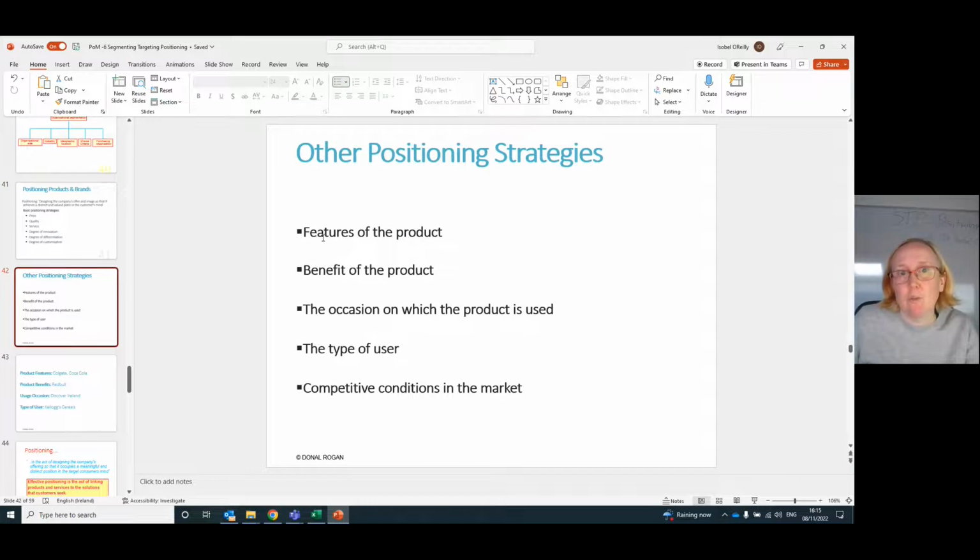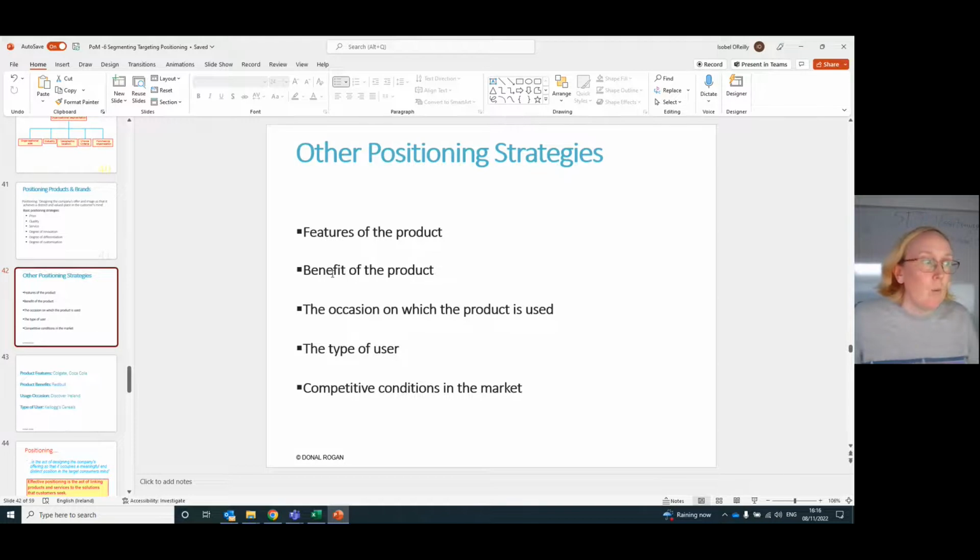Other strategies could be based around features of the product, the benefit of the product. We talked about toothpaste before, fast-moving consumer goods. It doesn't really warrant getting to know customers in depth and their attitudes on life. Some people just want teeth whitening toothpaste.